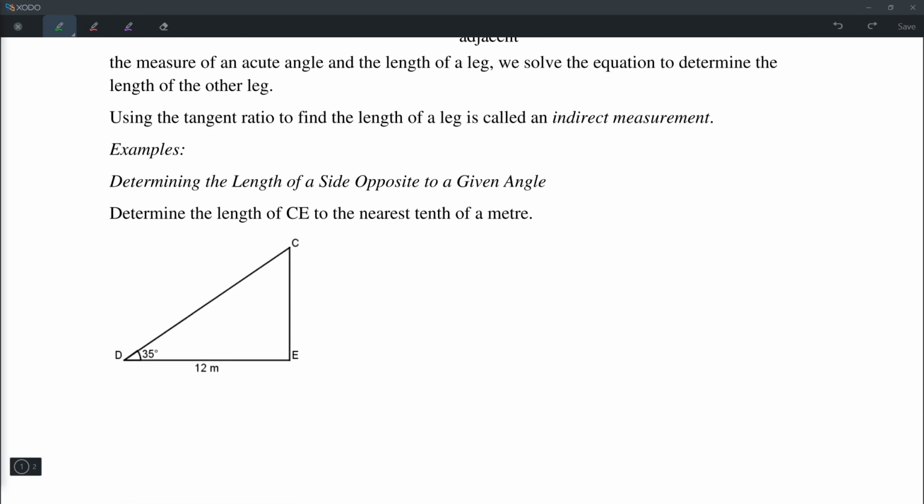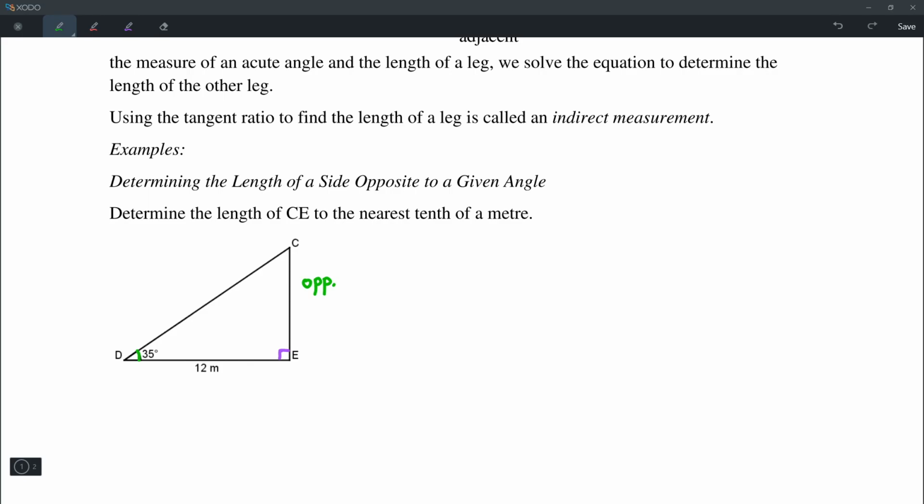So in our first example, we are given that angle D is equal to 35 degrees. This is a right triangle. And so what we can do is label from the perspective of D, which means that this side, CE, is the opposite side.